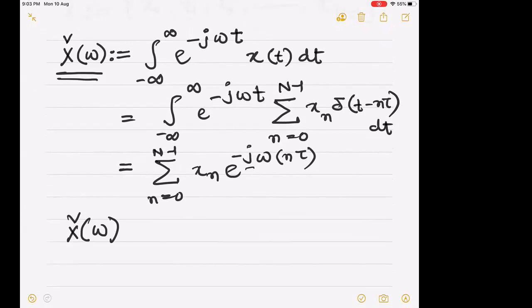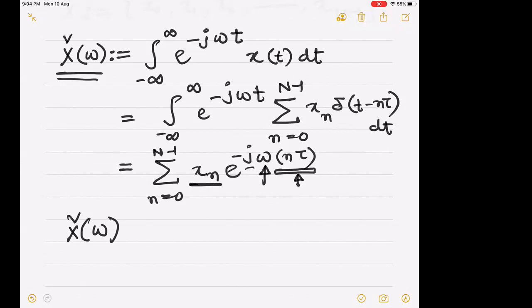Because notice that these are exponential signals of which I know the frequencies. Remember that omega is the independent variable now. The frequencies are here: tau, 2 tau, in fact 0 also is there. So in order for me to know the whole X check of omega, all I need to know are the xn values, the amplitudes. There are capital N such xn values, but how can I know them by evaluating X check of omega at different omegas?